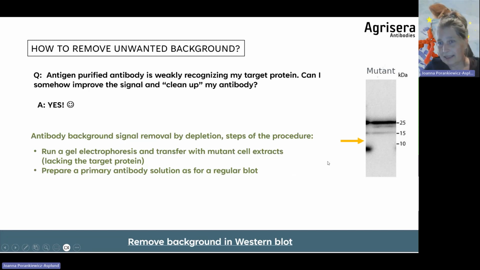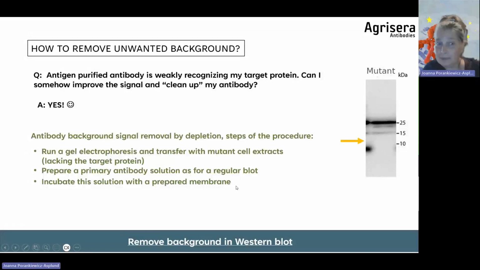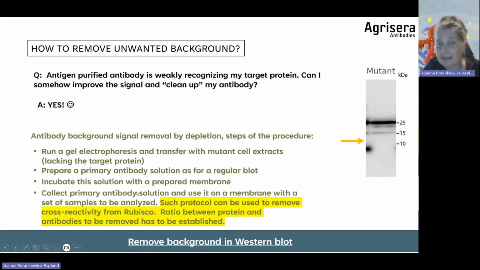So all contaminating antibodies will bind to contaminations, but as such a blot does not have the target protein, the antibodies to the target protein will remain in the solution, which you will use later. So this step will help to clean up the primary antibody solution. Also, if you have some issues with, for example, Rubisco antibodies, they can be removed from your primary antibody solution in that way.